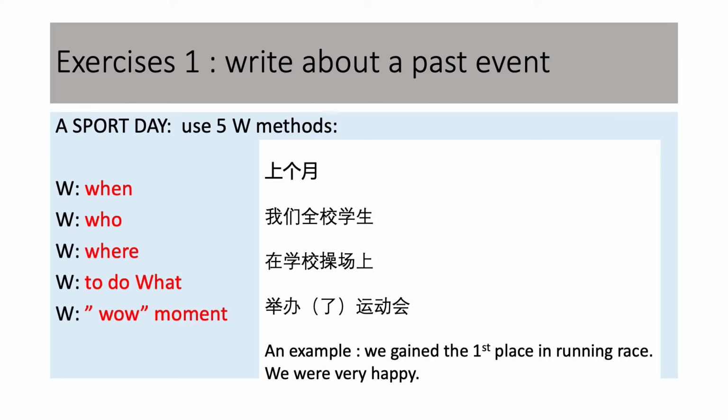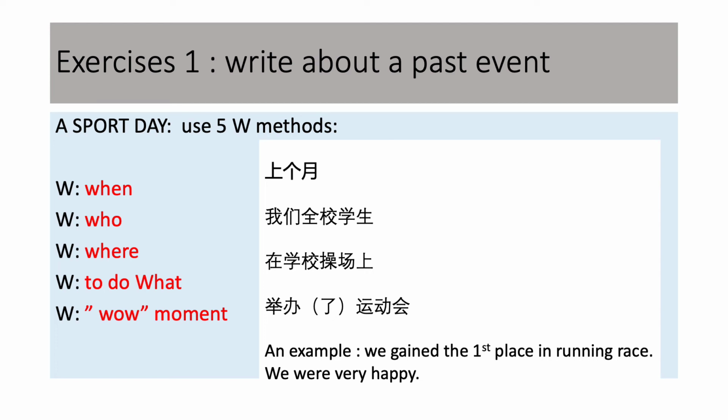We're going to do exercises. In GCSE writing, almost in all writing, you need to show the examiner you know how to use a past tense by writing a past event. Normally, I will ask my students to use a 5W method.